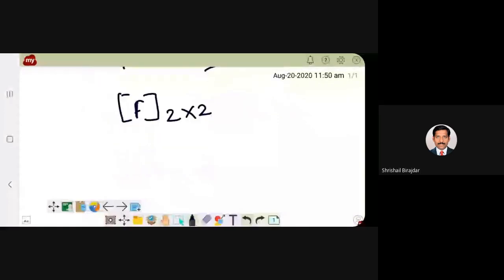Okay, second step. आता second step लिहितोय मी. Step number 2, find flexibility coefficient.